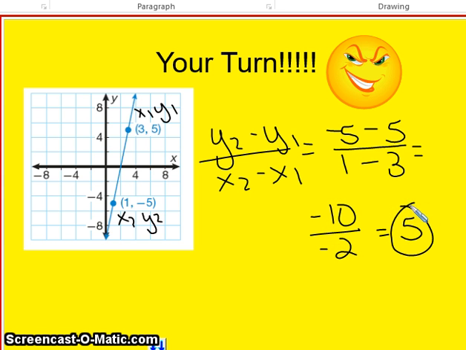The reason that we don't have to count, or use the left point as the first point and the right point as the second point, is because the differences between these two numbers are going to be the same. They might be opposite signs, but if you flip the sign on the top one, you'll also flip the sign on the bottom one. So either way, you'll still get the same slope, which in this case is 5.